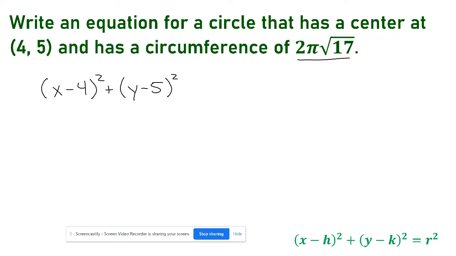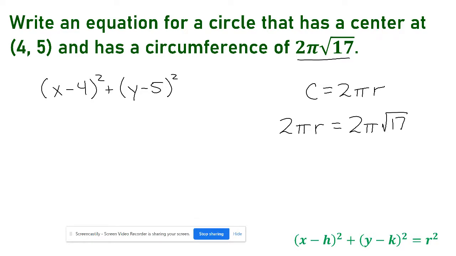And now I got to figure out the radius using this circumference. So our formula for circumference is 2 times pi times the radius. So we can use that to figure out what our radius is. Because what we can say is 2 pi r is equal to this circumference they give us here, 2 pi radical 17.